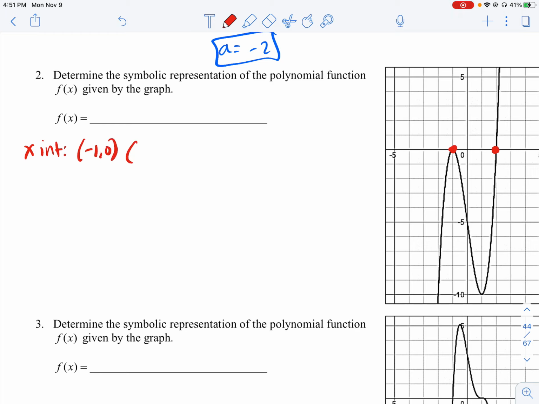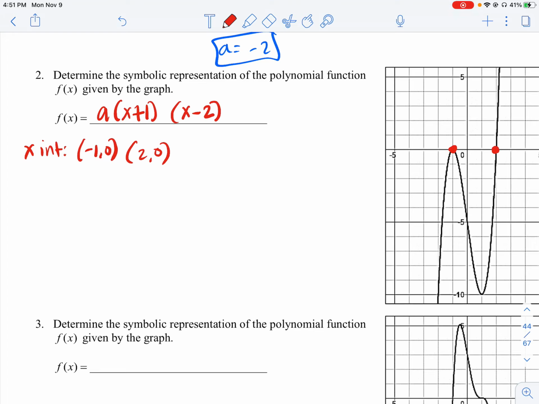And then I'll also have 2, 0. So negative 1, 0, and then 2, 0. Then I will make my partial solution a. Because I have 2, I'm going to make a space for two factors. This one goes in there, that is x minus 2. This one goes in there, that is x plus 1.